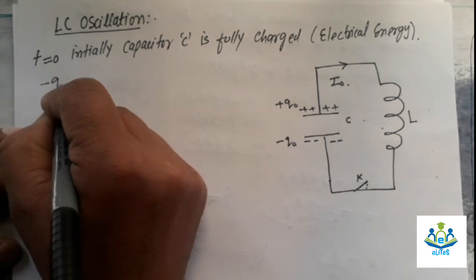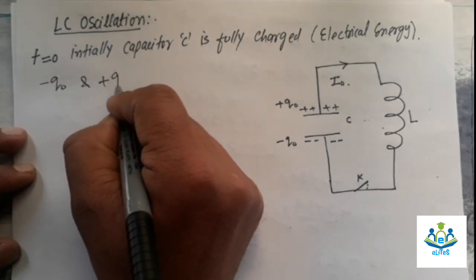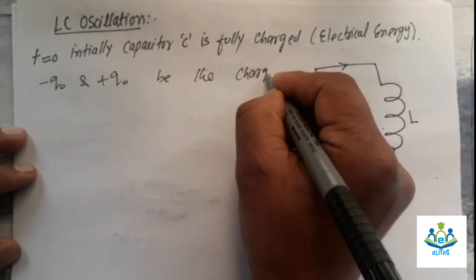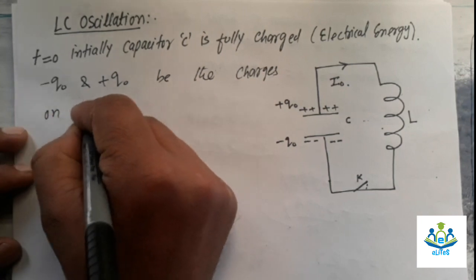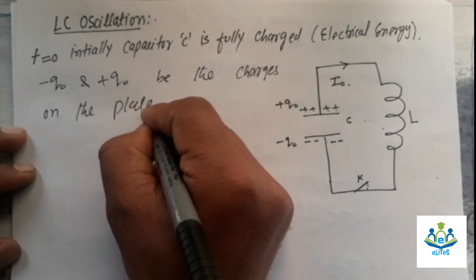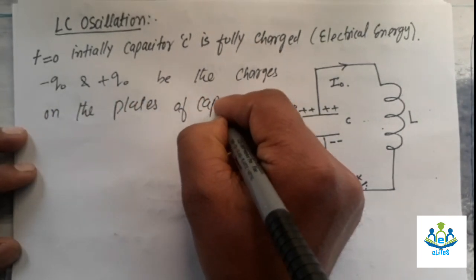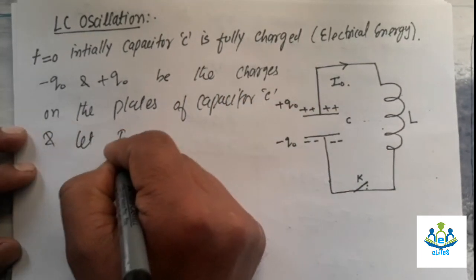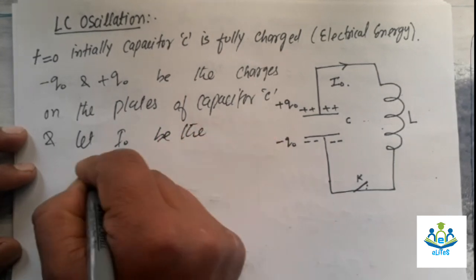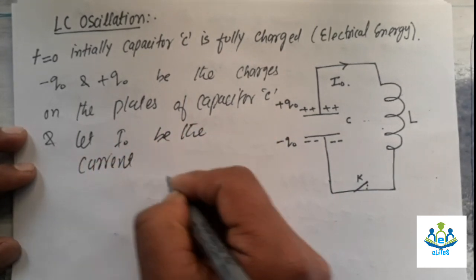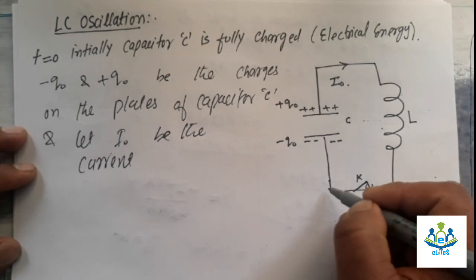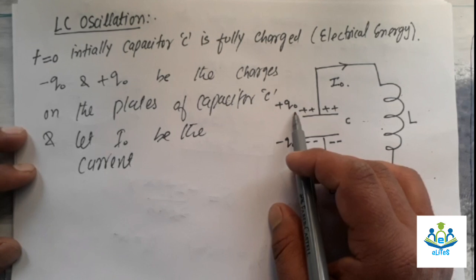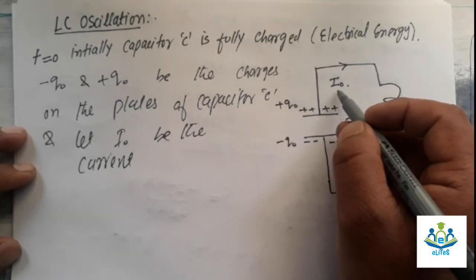Let minus q naught and plus q naught be the charges on the plates of the capacitor C, and let I naught be the current. Initially when I close the key, current will start flowing in the circuit.